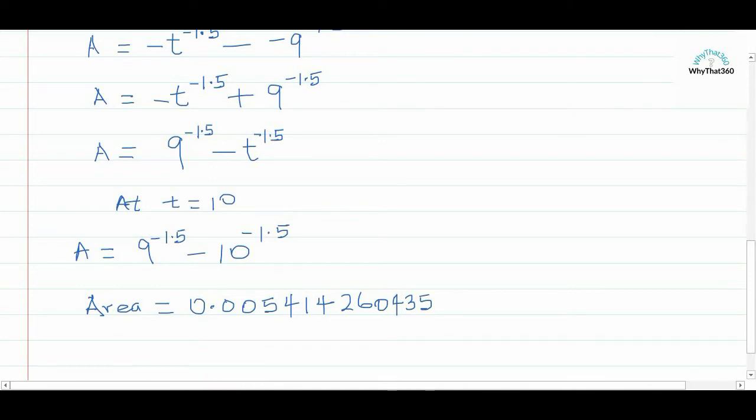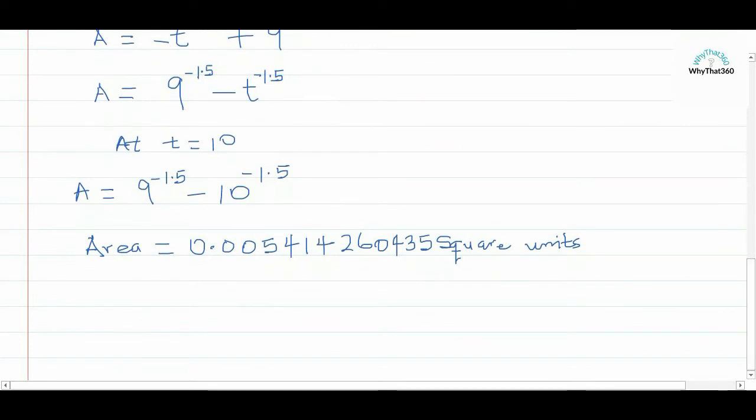I know your calculator may be able to give more digits, so we can go ahead and say the area at t is equal to 0 is equal to 0.005414260435 square units. The units are important since it's area, so square units, and that will be the value of the area at t is equal to 0.